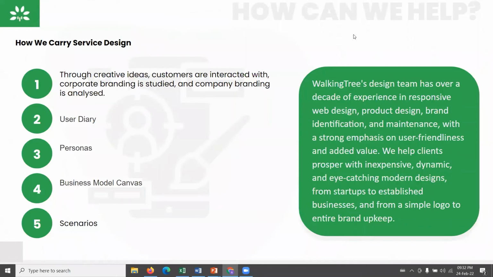So a touch point is any interaction, physical or digital, that might alter the way your customer feels about your product, brand, business or service. It can be a physical or a digital platform where the customer is getting more information about your product, your services, or is getting the service done from you at that particular point.